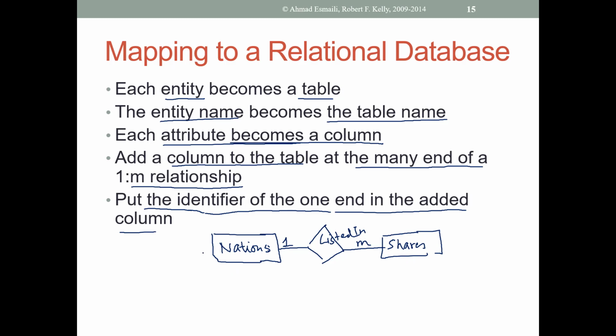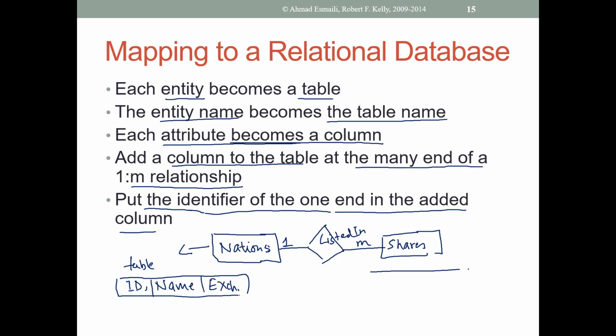Now we are saying that we'll have a table for nations, and the table that you have for nations will have ID, name, exchange rate. Okay, so that is what you'll have for nations table.